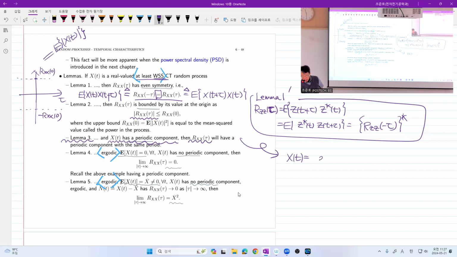What does that mean? It has some portion, let's say X is somewhat confusing, let me use A of t plus some N of t. And here, I'd better use this decomposition, mu X of t plus X of t minus mu X of t.